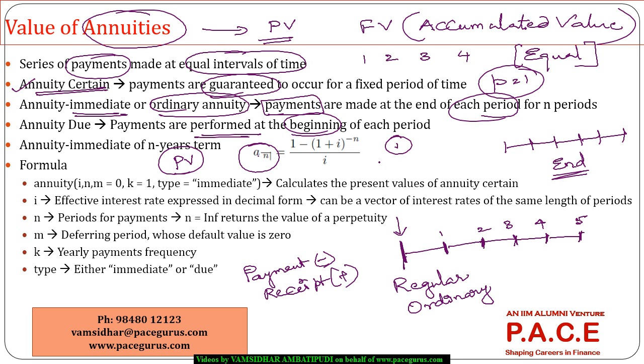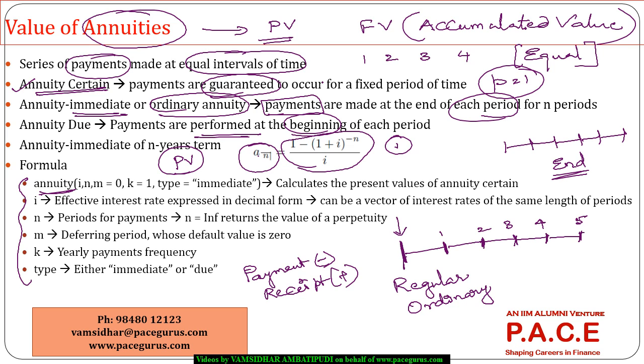What is the present value of all those ones that I am going to receive at the end of each of the n periods? Generally the formula will come through this mechanism. But once we understand the concept, in R the formula is straightforward. I have a function called annuity.